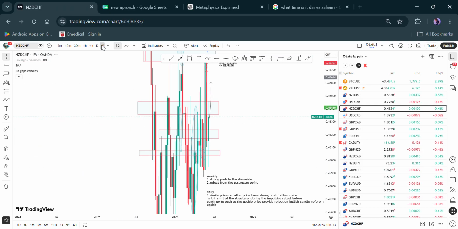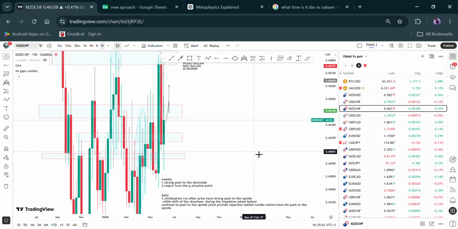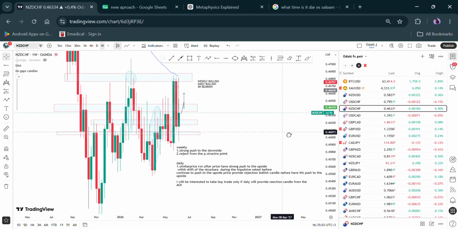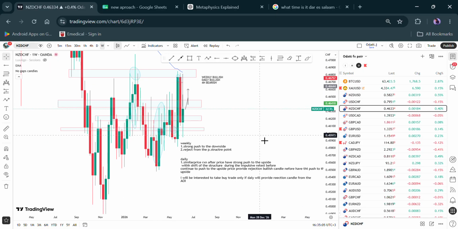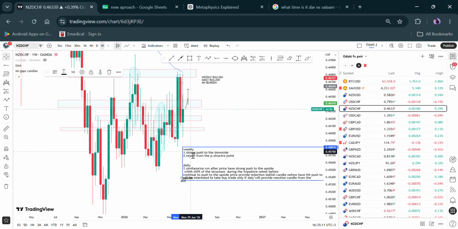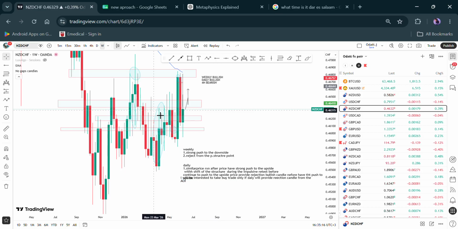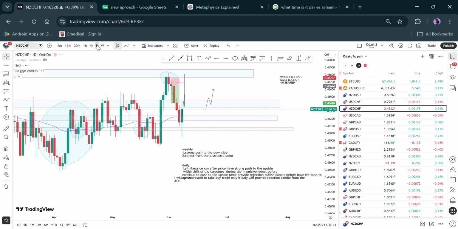For the general weekly market analysis, weekly we are bullish, with strong candle rejection. As confluence on weekly, we have a strong rejection to the downside, rejection from the previous structure point, which is here, and also rejection from here and this point over here. I was just waiting for the price to have a little pullback to the downside, which created this week to the downside in the daily time frame.